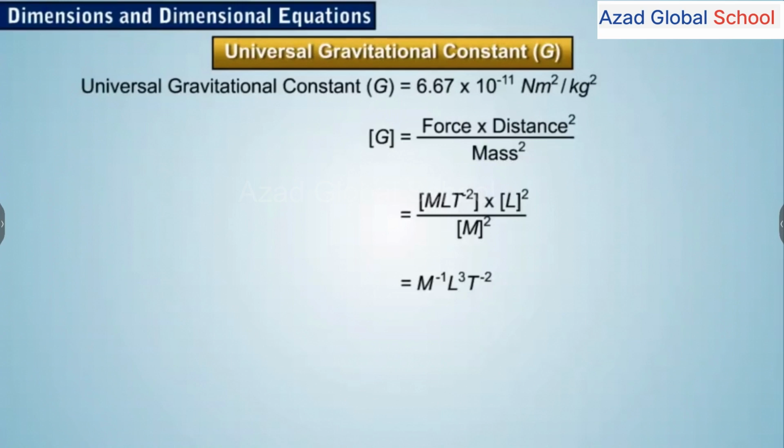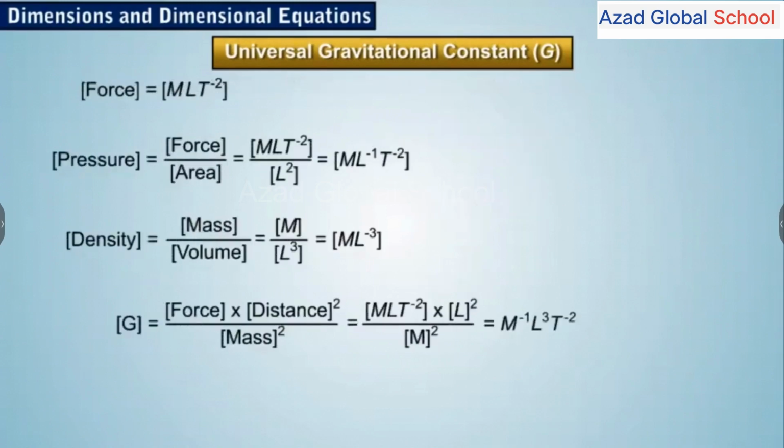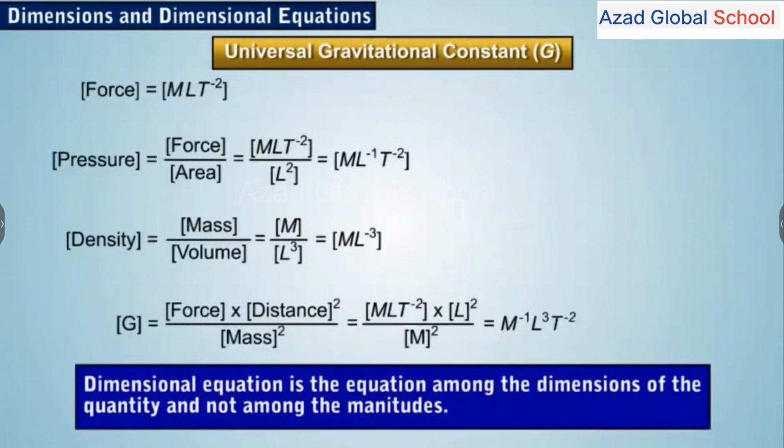So far we have discussed physical quantities, which are expressed as the product of base or other derived quantities. We also learned that the dimensional equation is the equation among the dimensions of the quantity and not among the magnitudes.